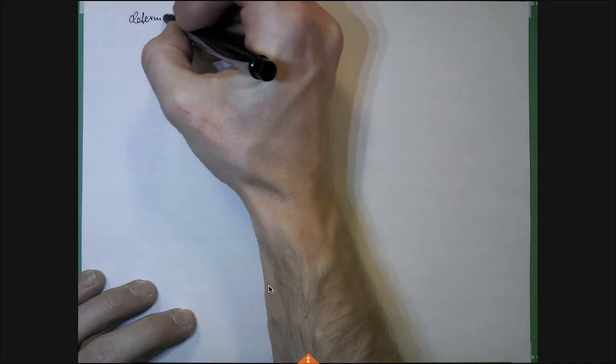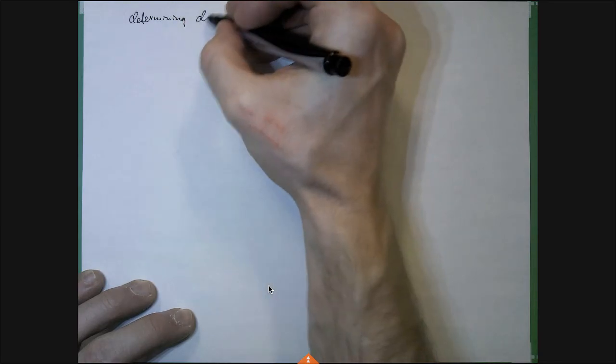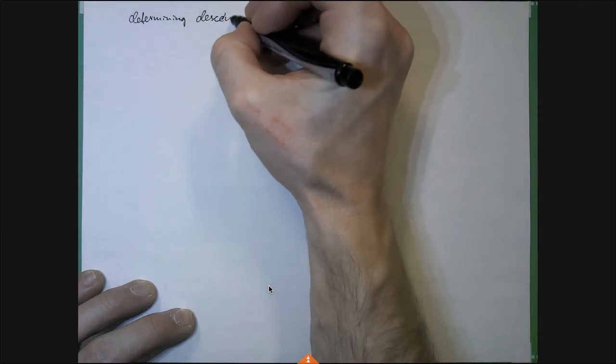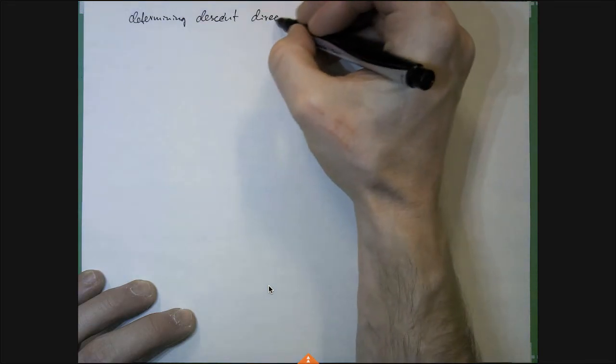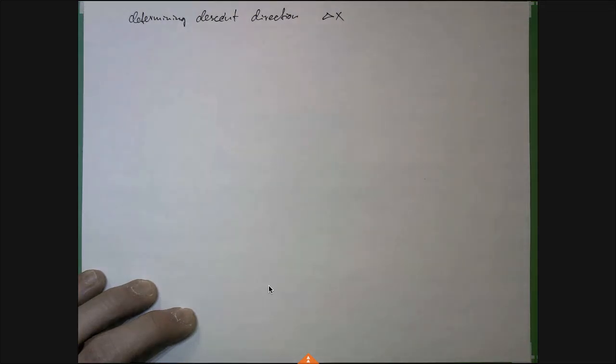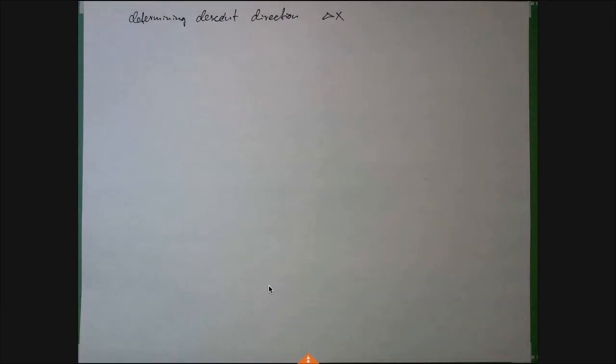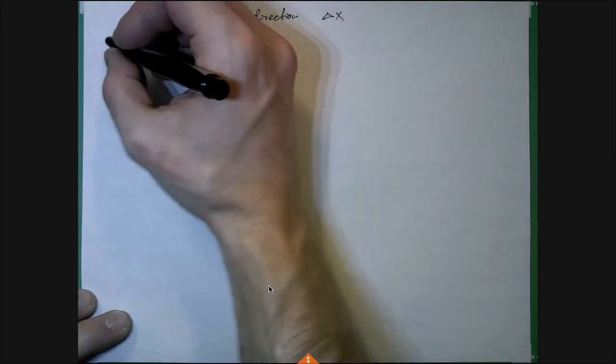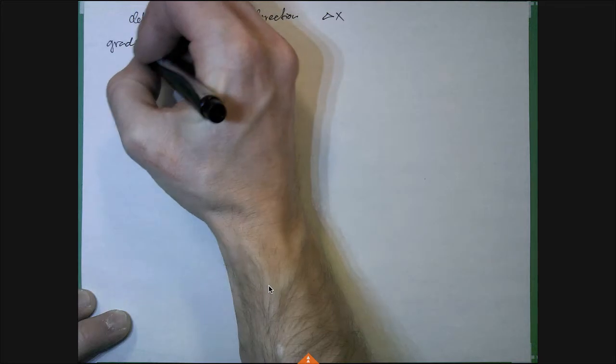Determining the descent direction delta x. What's the first thing you would think about? You probably heard it before, right? The gradient. Gradient descent, exactly. So the first idea is gradient descent.